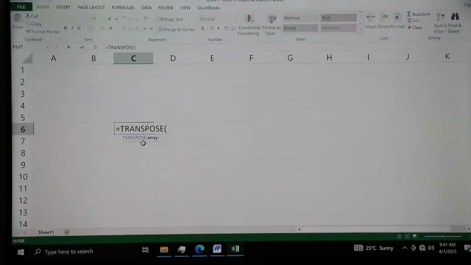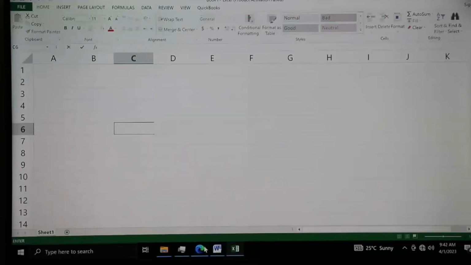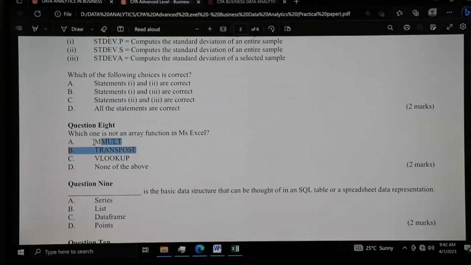When you are working with this function, it will automatically ask you for the array. The array here is a group of cells that are being involved in this function. So again it is an array function. So simply, all those 3 are array functions, and none of the above is actually the right answer.